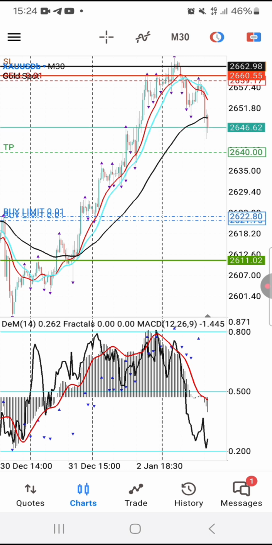As you can see, yesterday, like I said, I lost $6, but I have made over 7 to 10 times the same amount using 0.01 lot size. That is how apt, how efficient this strategy is.